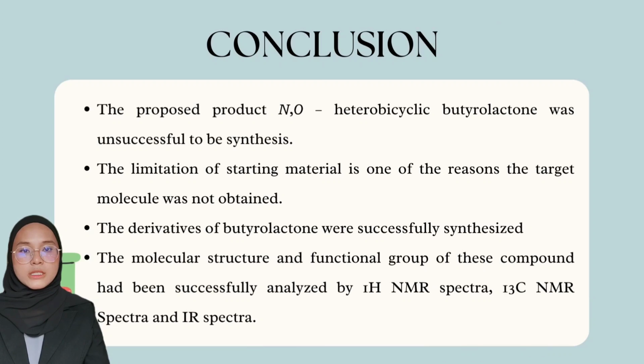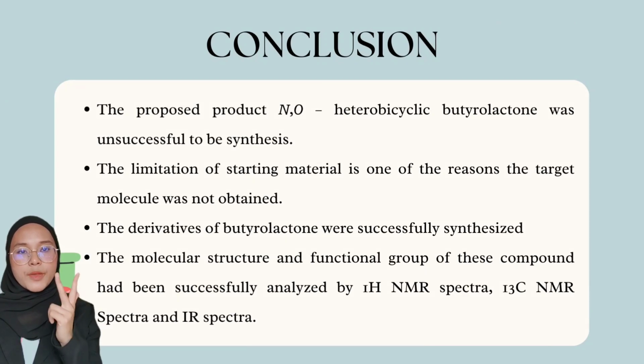The percentage yields of compound 8A and compound 8B that I obtained are 39% and 43% respectively. The molecular structure and functional groups of these compounds had been successfully analyzed by NMR spectra, IR spectra, and mass spectroscopy.